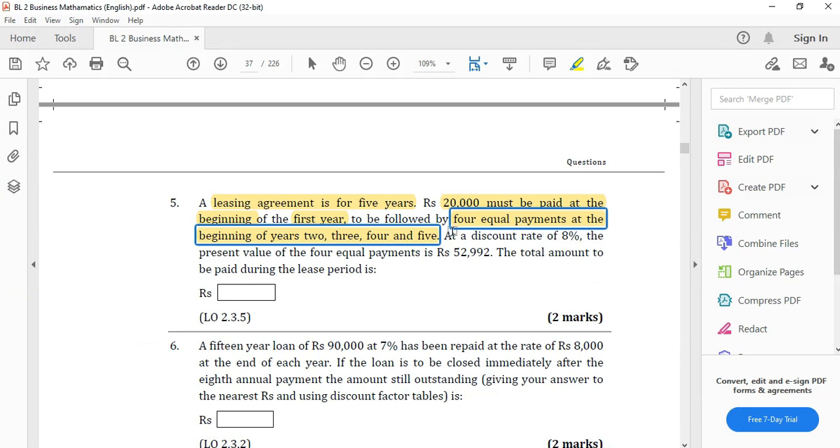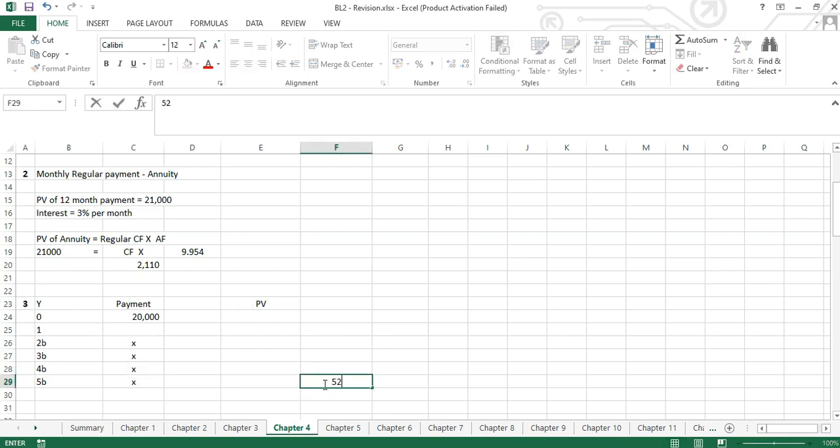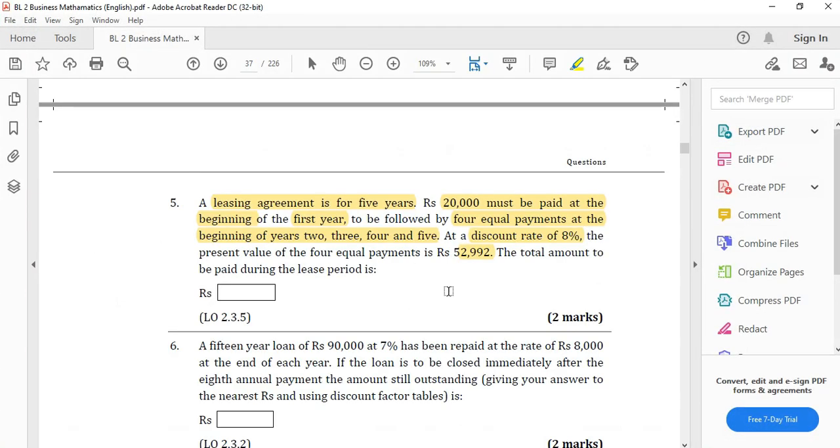Then, they say it's at a discount rate of 8%. The present value of the 4 equal payments is 52,992.